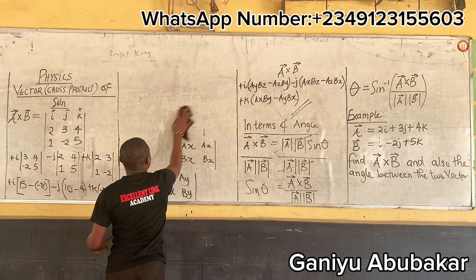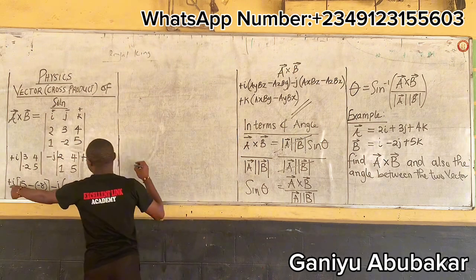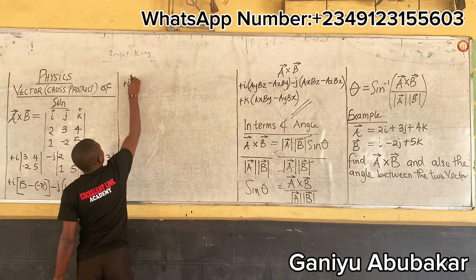If I proceed from here, what should I get? I'll have plus i. Open a bracket.